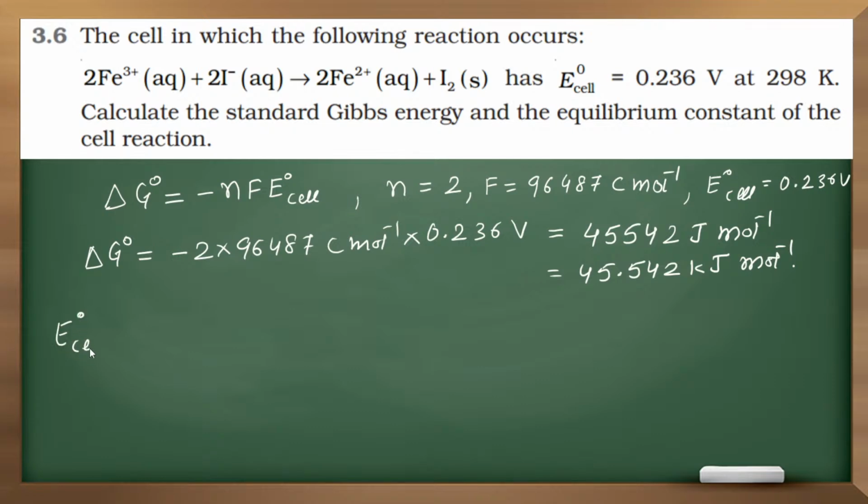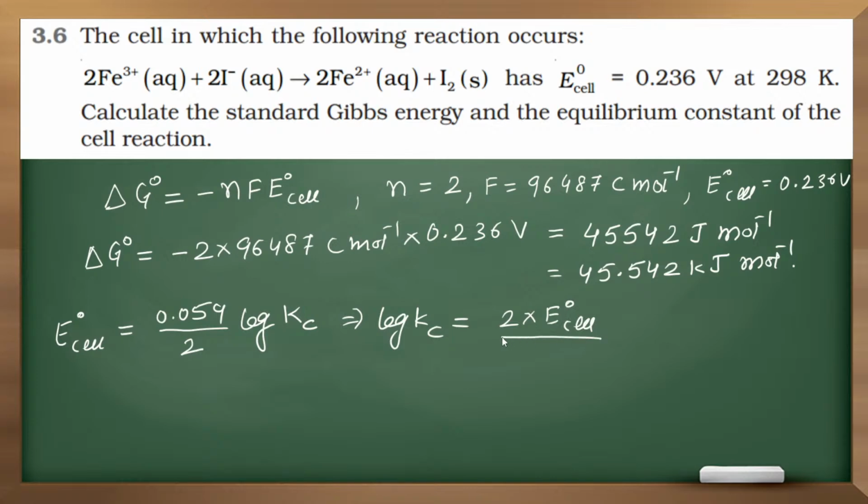E naught cell is equal to 0.059 over n, n is 2, log of Kc. So that implies log of Kc is equal to 2 into E naught cell by 0.059. That implies Kc is equal to anti-log of 2 into E naught cell by 0.059.